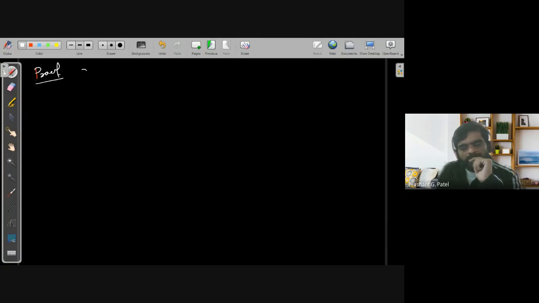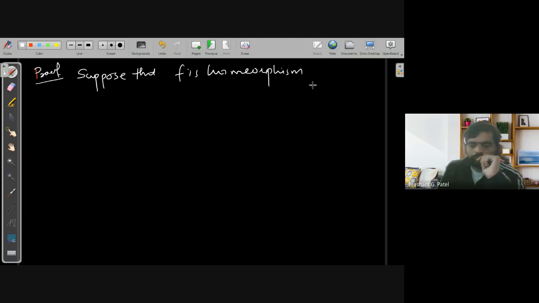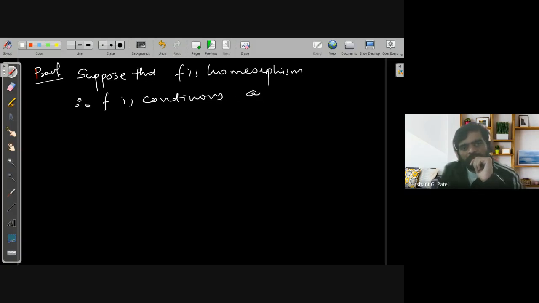So suppose that f is a homeomorphism. Therefore f is continuous and f is open by the previous result.